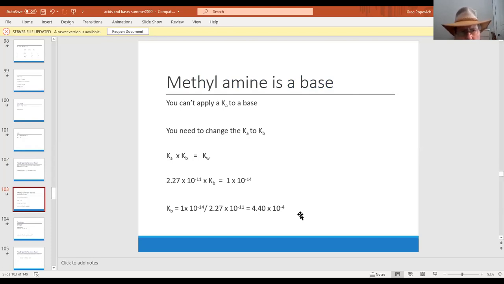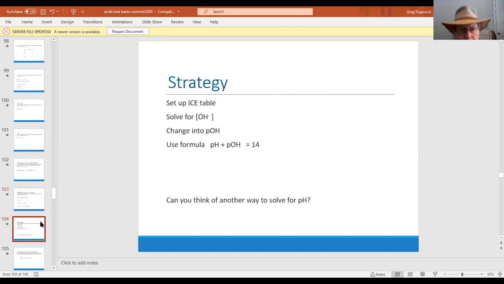That is the trick you need to use if you are given a Ka in a basic equation, or given Kb in an acidic equation. After this, all I got to do is set up the ice table, solve for OH minus. Then I'm going to change the OH minus into pOH, and I'm going to use the formula pH plus pOH equals 14.